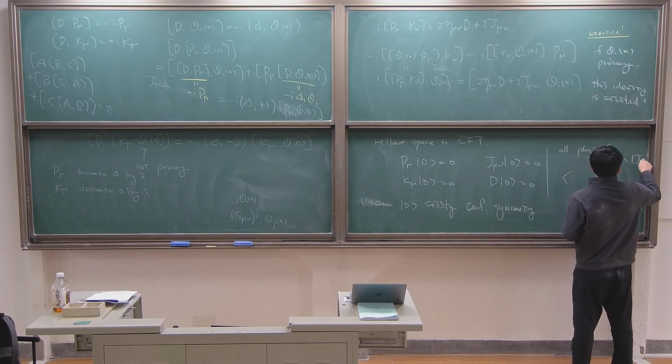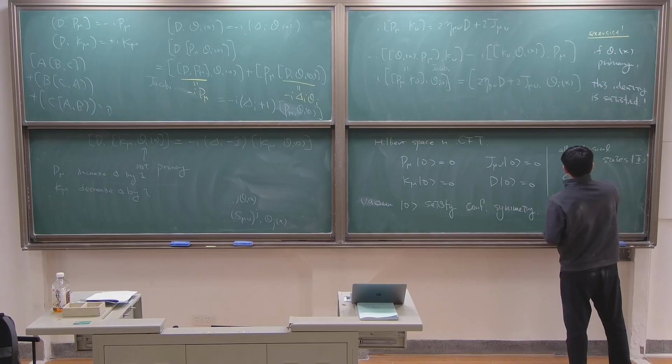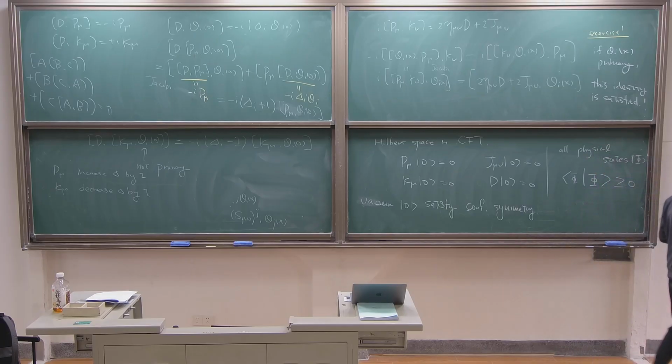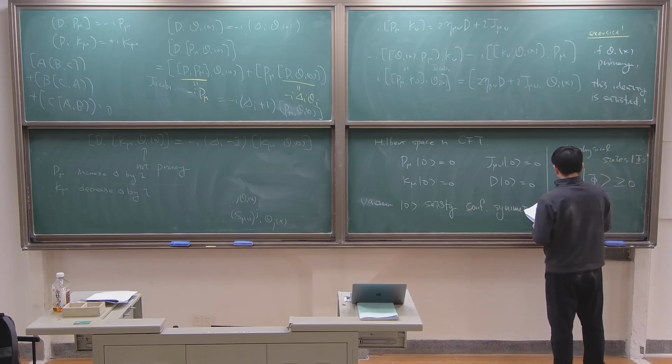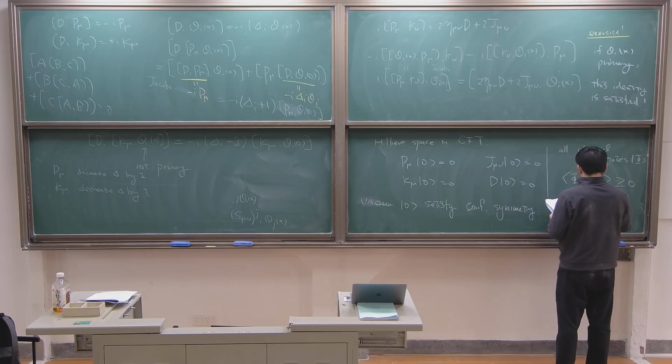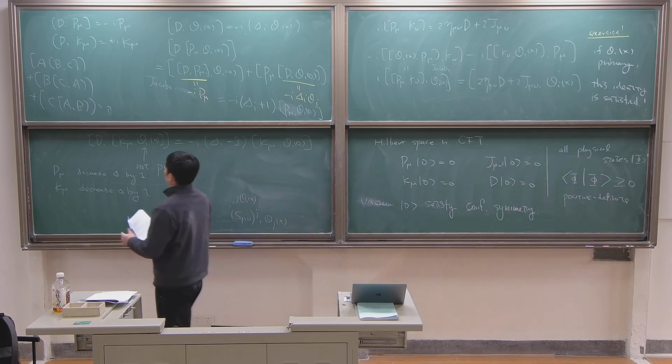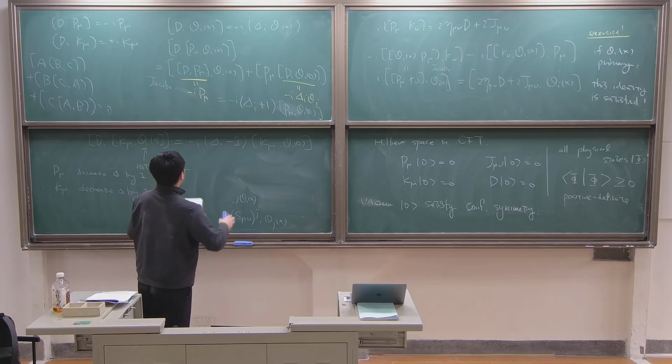The physical state phi should satisfy this inner product. It should satisfy unitarity, that is, positive definite. That's the assumption we make.